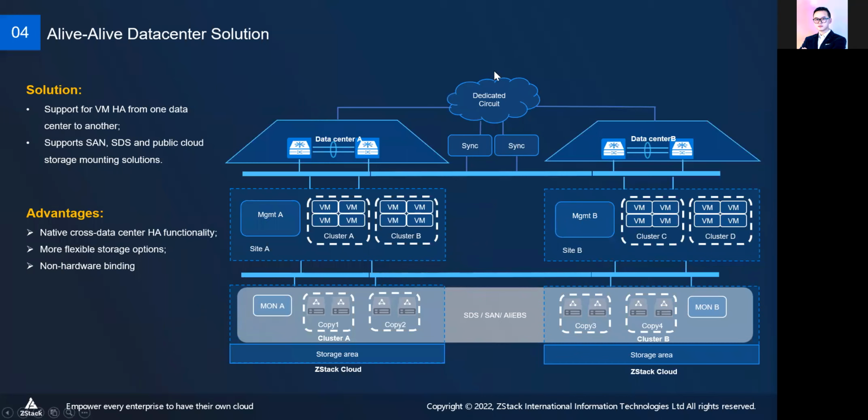And at the application level, maybe you need to bring in global DNS load balancing. Also, because ZStack supports VXLAN, it can allow you to migrate virtual machines to another data center with the same IP address.